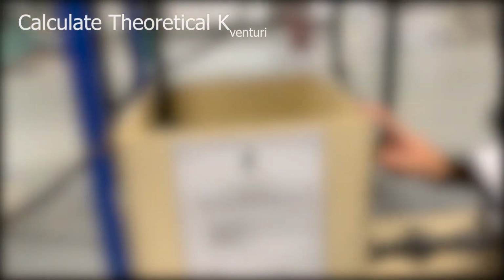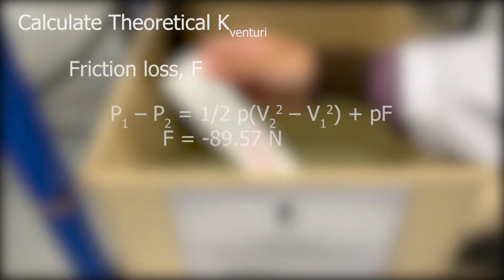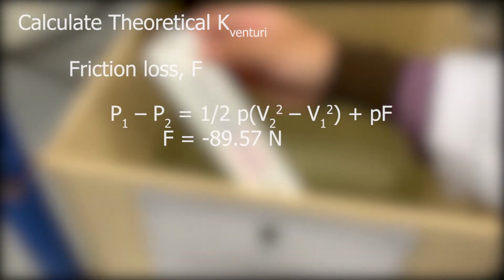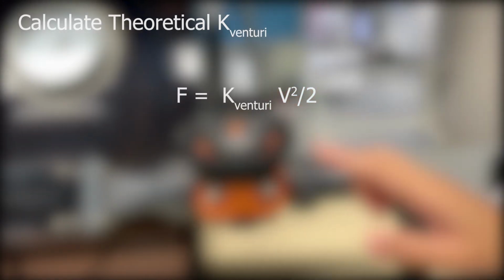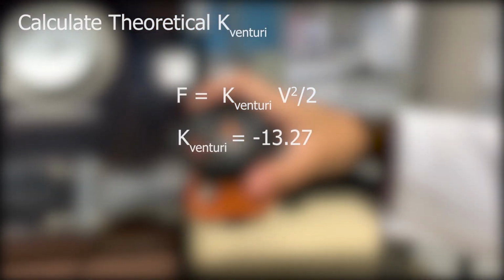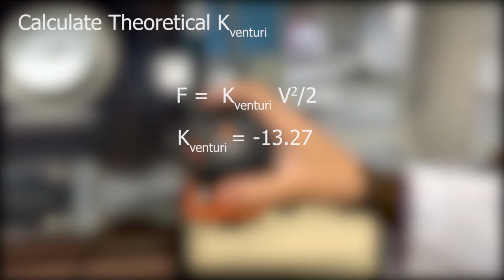Then we can find the theoretical value of K venturi by first finding the friction loss using the Bernoulli equation. After calculating the friction loss, we put the value into the formula F equals K venturi times V squared over 2, where V is the average velocity. Then we get the value of K venturi equals negative 13.127.